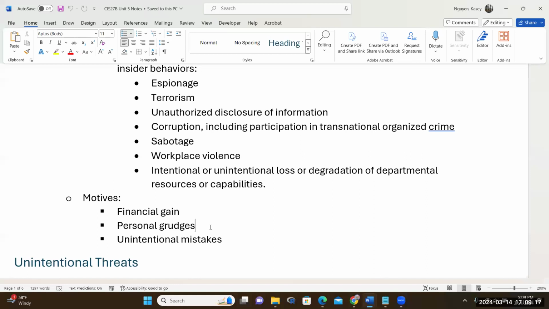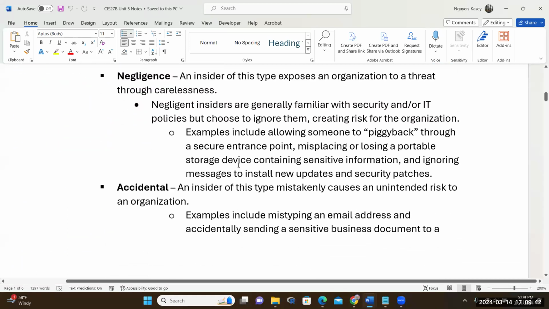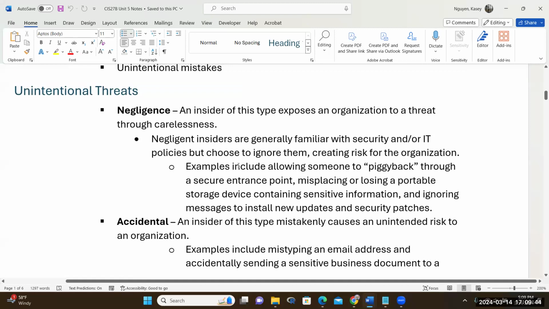And then you got a group of people that make mistakes. And this is why we see a lot of ransomware. It's because of lack of knowledge and skills, or just carelessness, right? Downloading something and they didn't intend to do it. It's just they weren't paying attention or they didn't know that could cause the harm. So for the unintentional threats, it's really breaking down to two areas: accidental and negligence.